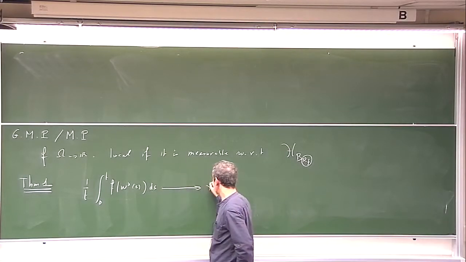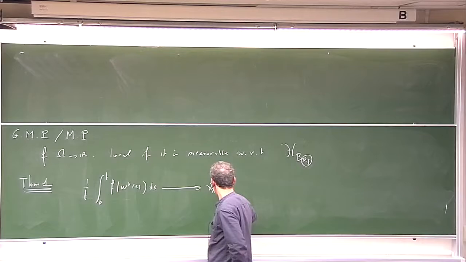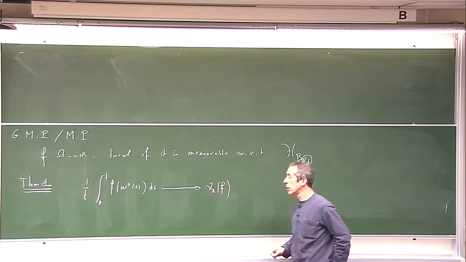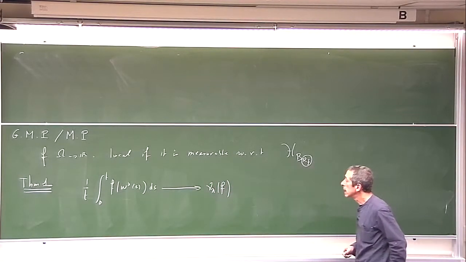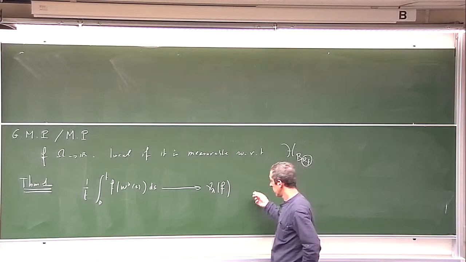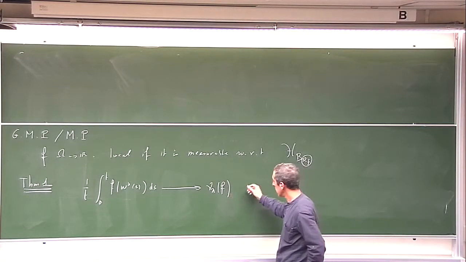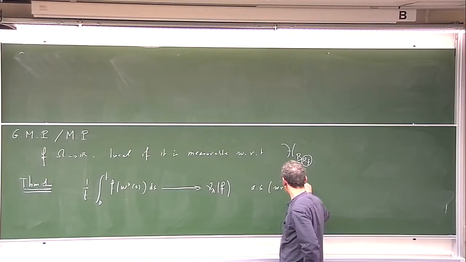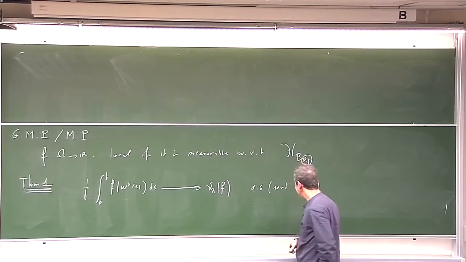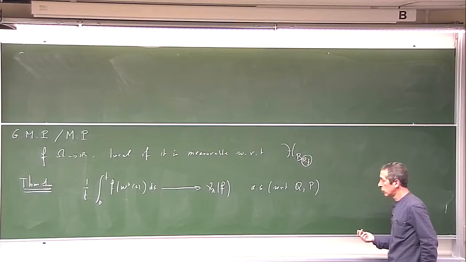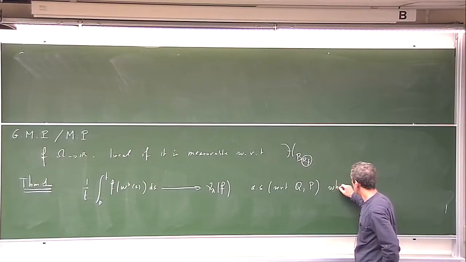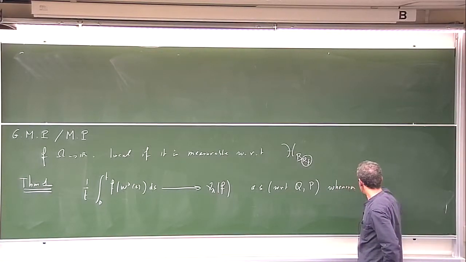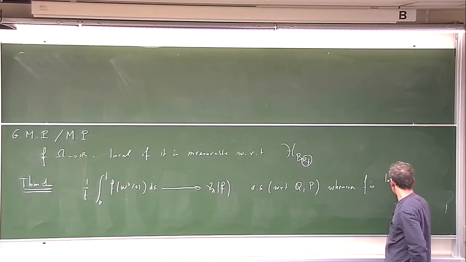So claim this converges. And then when it converges, I write nu lambda of f for the limit. This is an almost sure convergence with respect to everything. So almost sure with respect to q and p. And this is true whenever f is local and bounded.